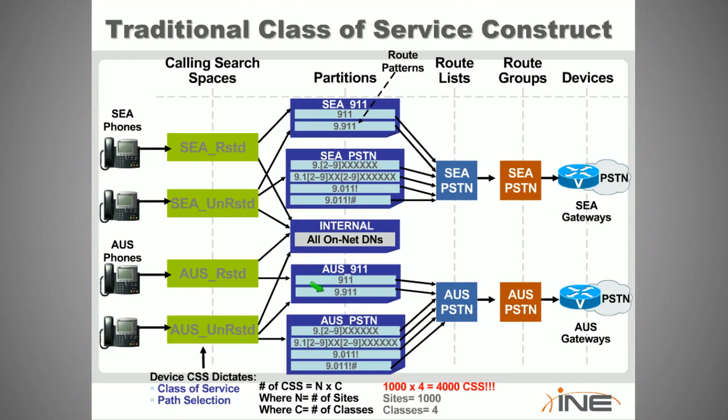So 1,000 911s, one for every site, 1,000 9.911s, one for every site, 1,000 locals, 1,000 long distance, 1,000 international, and 1,000 international with that hash for interdigit timeout. So we've got 6,000 patterns that we have to create here.